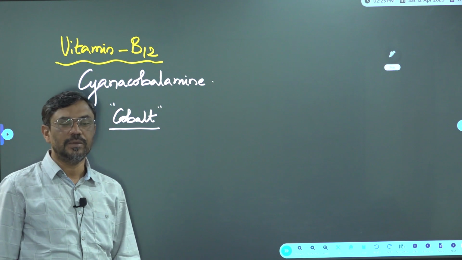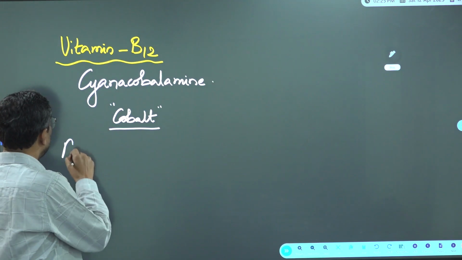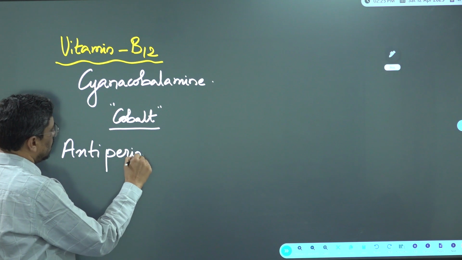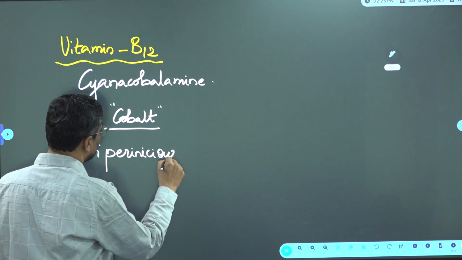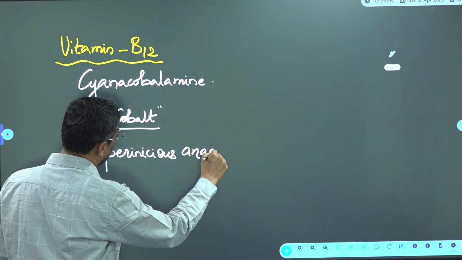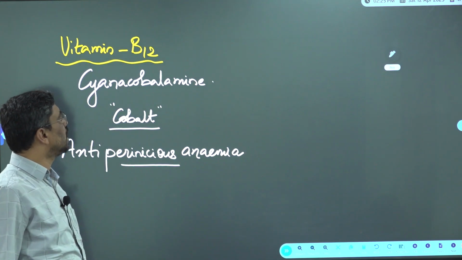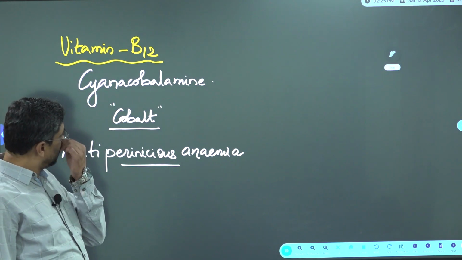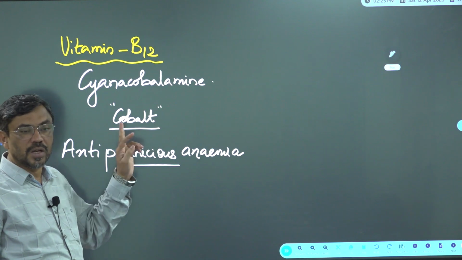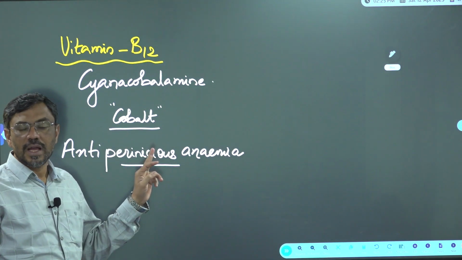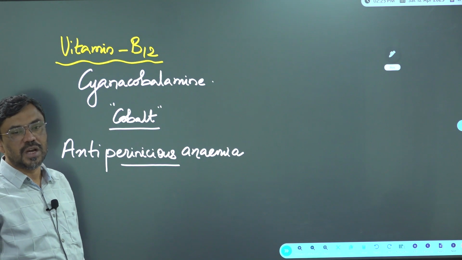It is commonly known as anti-pernicious anemia vitamin. Vitamin B12, cyanocobalamin, cobalt containing vitamin, commonly known as anti-pernicious anemia vitamin.